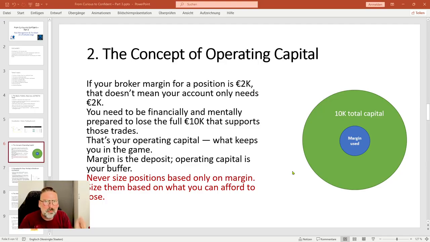And that's also the money you need to be able to afford to lose. Yeah. So never size positions based on margin. Yeah. Size them on what you can afford to lose. Good. I hope that was clear, right? You don't need to deposit the 10K, but you should have the 10K. That's what I mean.